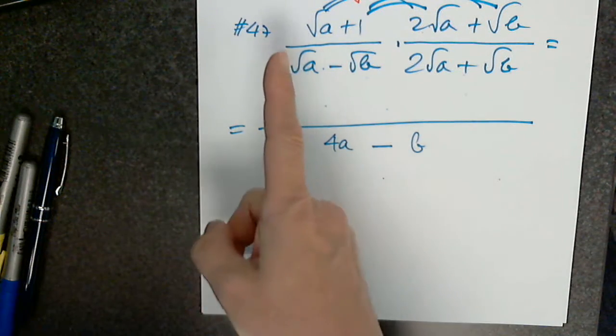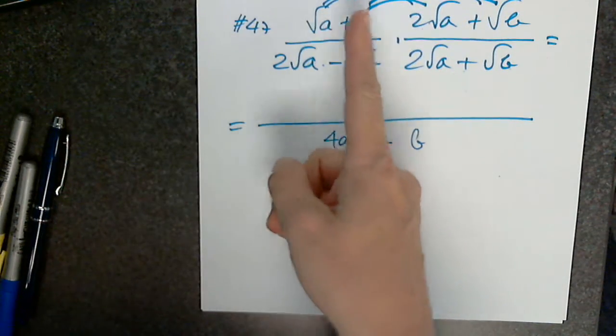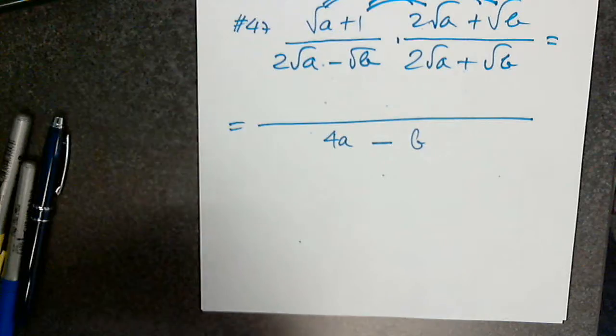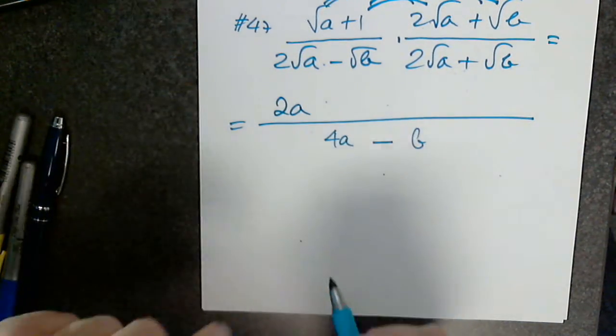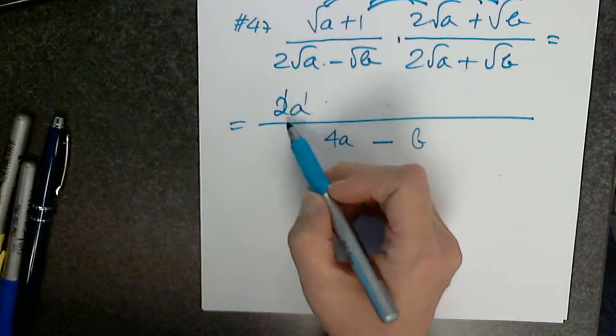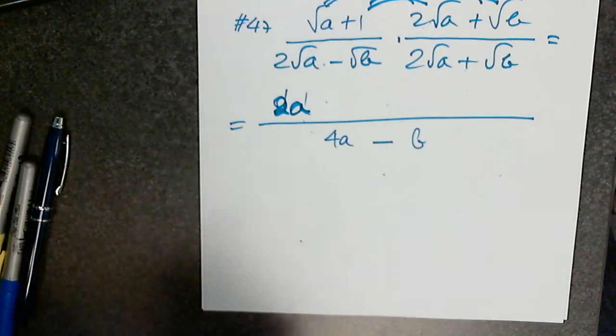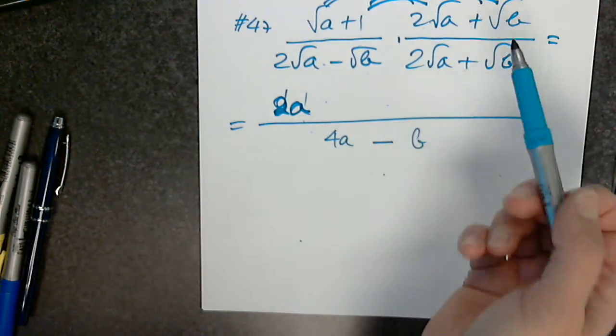We multiply the outside. 1 times 2, and then radicals. The square root of a times the square root of a. Very good. Remember, if we were told that a can be any real number, then we would have used the absolute value. We assume everything is positive, so it's 2a. Now I multiply the square root of a by the square root of b.